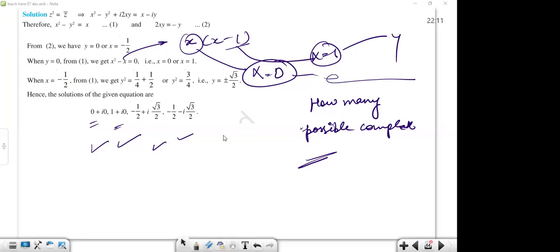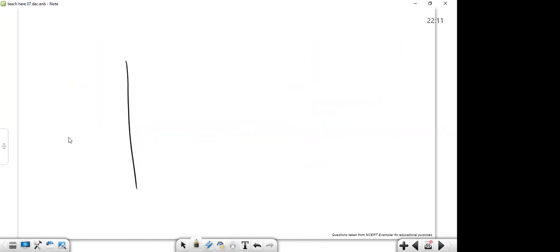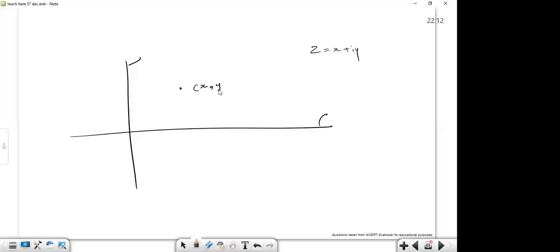So we discussed argument and modulus in the previous class. This is an Argand plane. This is the real axis, this is the imaginary axis, and this particular plane is called the Argand plane. Let's say there's any point. This is a complex number Z = x + iy, so x and y are the coordinates.